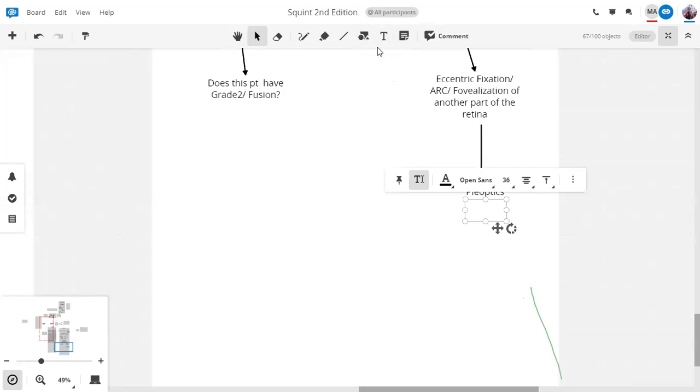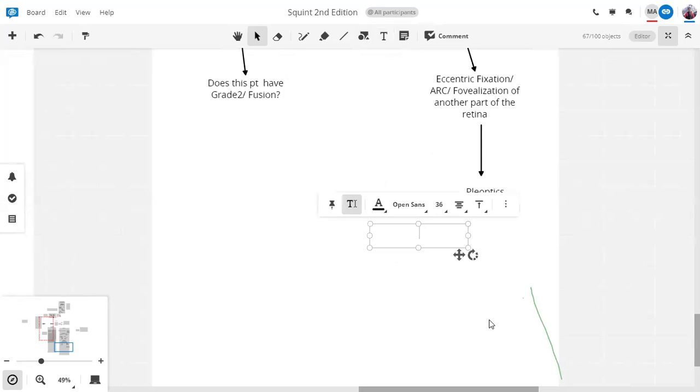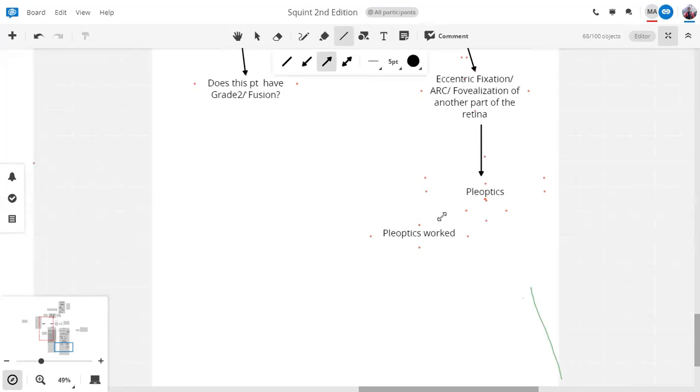Again, what are those 2 possibilities? Okay. Pleoptics काम करेंगे कि नहीं? The first is pleoptics worked. And if pleoptics worked, that means that the patient now has normal retinal correspondence.